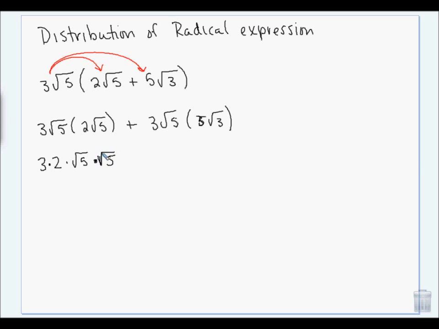Now what happens when I multiply a square root by itself? Technically what happens is I get the square root of 25, which is just 5. So if you have two identical radicals with identical radicands underneath them and you multiply them together, the radicals cancel each other out and you're just left with whatever number is underneath, so 5.